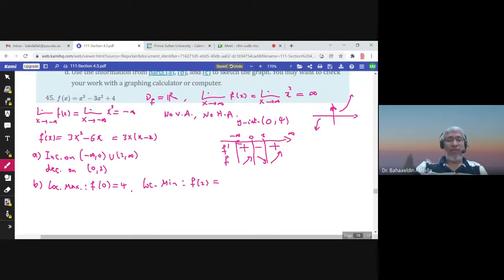If I replace x by 2 in the definition of f of x, 2 to the power 3 is 8, minus 3 times 2 to the power 2, plus 4, the answer is 0. So this is an x-intercept. I have the x-intercept 2 and 0. There is a local minimum.